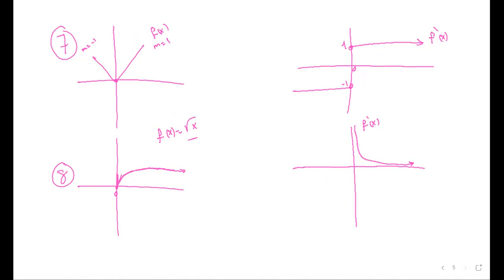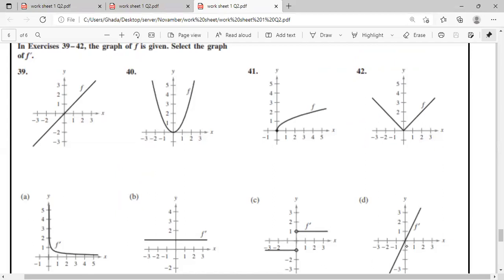Let's continue the answer of sheet 1. Here that is linear. I think all of you now understand how to choose. I showed you the graph of the derivative of some parent functions to help you sketch the graph of the derivative of the given function. If it is linear with positive slope, it will be a horizontal line intersecting the y-axis.